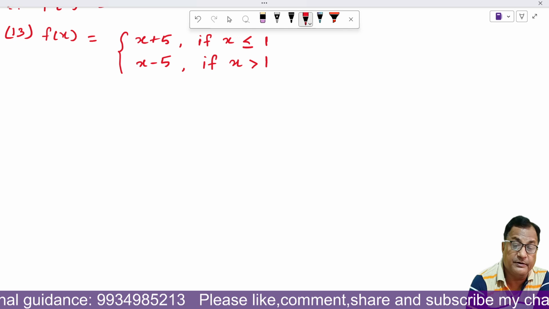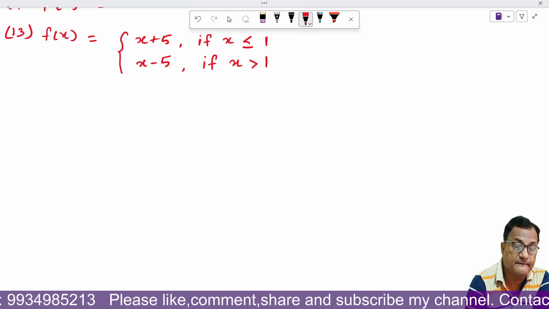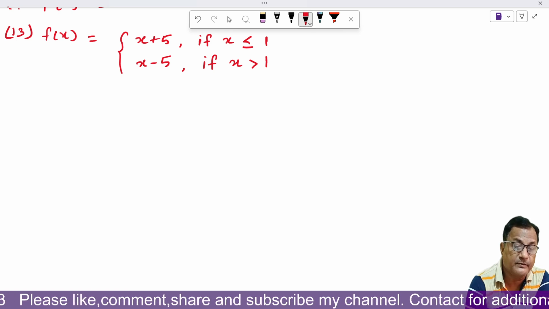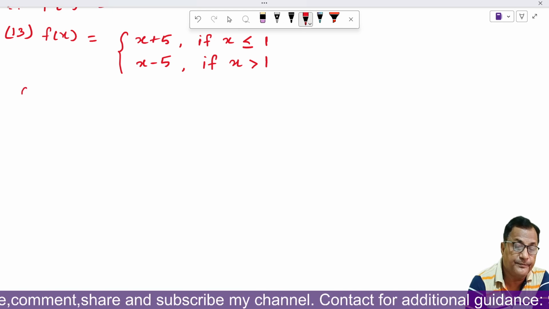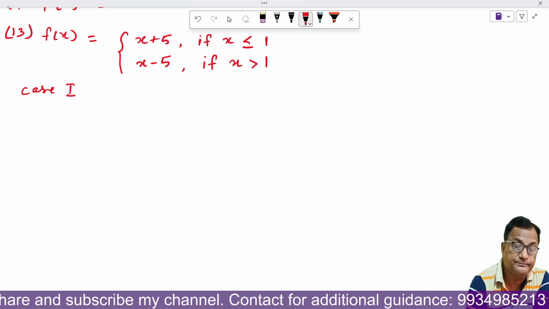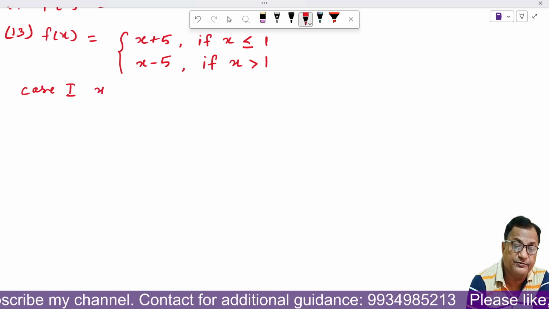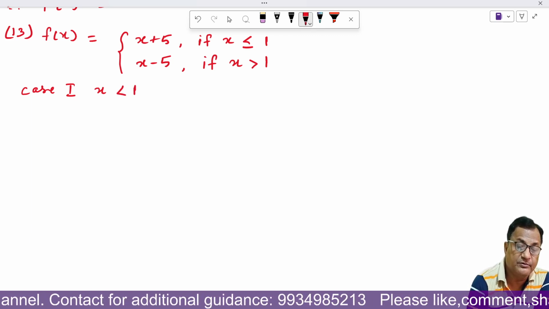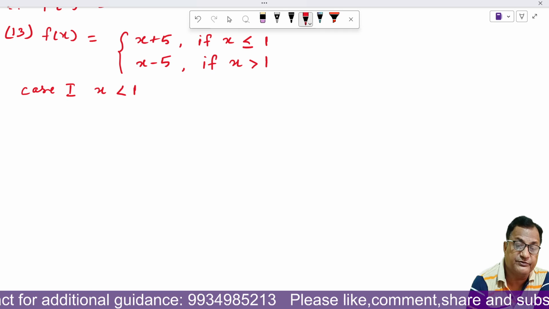So here, case 1. In this case x is less than 1. When x is less than 1, this function is continuous.